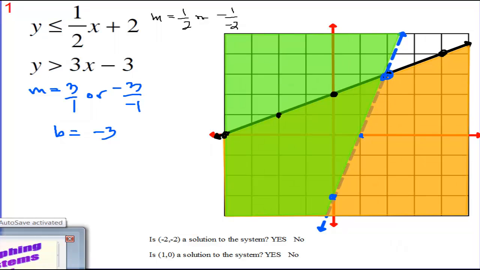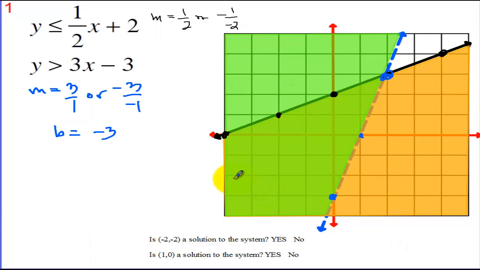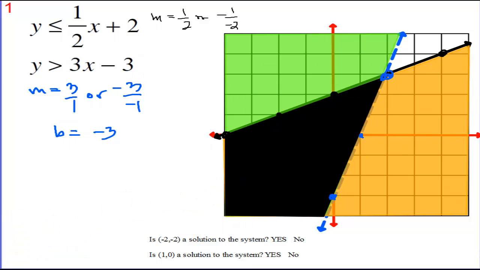Alright, next, we are going to identify the area where the two inequalities overlap. So the overlapping area is over here. Okay, so I will shade this area, and this will be our solution set.